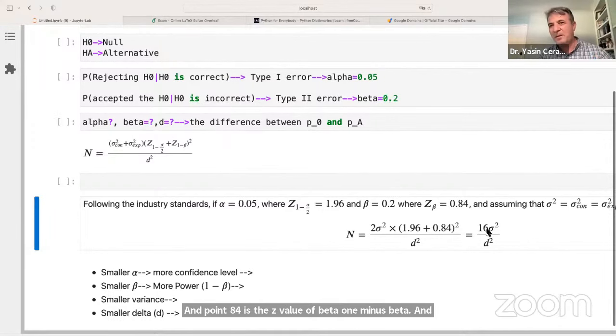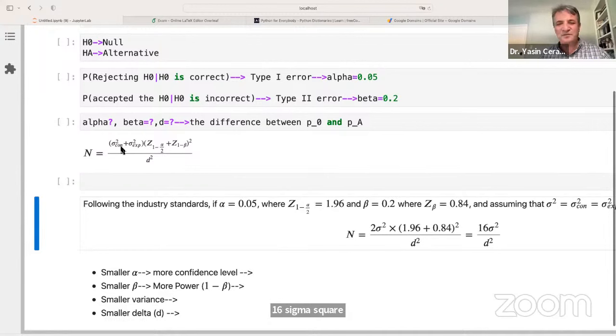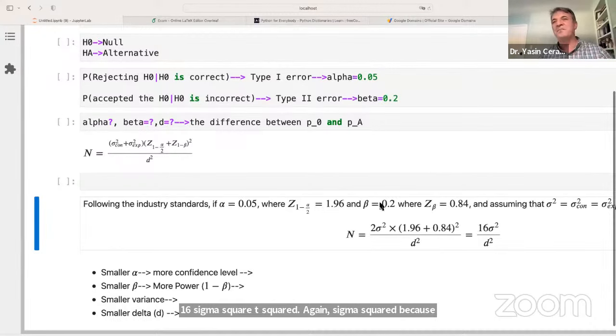And then we come up with this value, 16 sigma squared over d squared. Again, sigma squared because we assume the same standard deviation for null and alternative distributions. And then 1.96, 0.84, 16 is coming from our assumptions for beta and alpha.